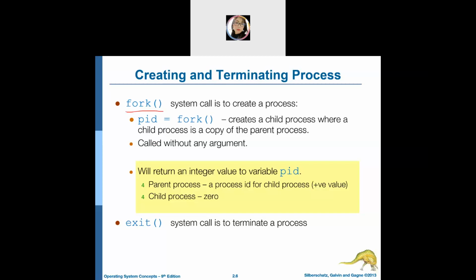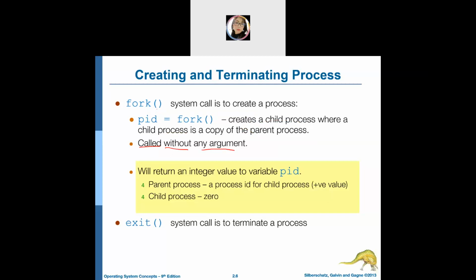Second, to create a child process, where a child process is a copy of a parent process, the command that you're going to use is PID equal to fork, and then you have the parentheses there. The call without any argument is your fork.